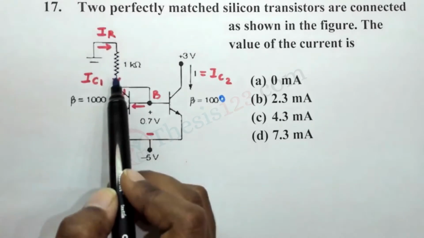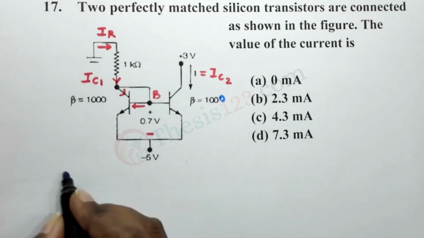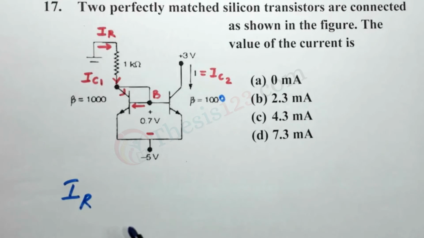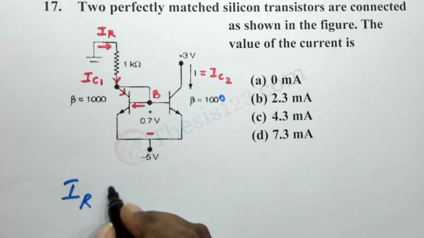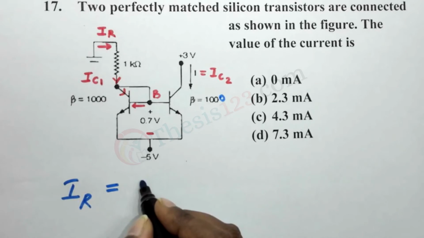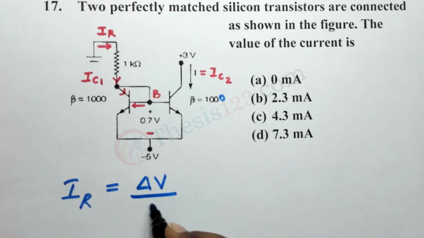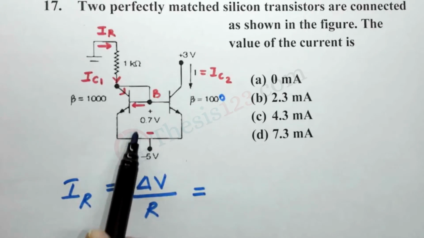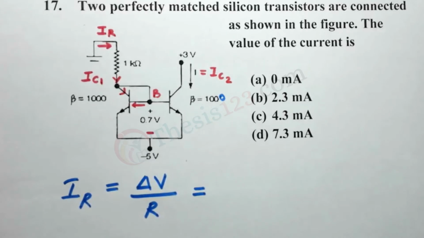Okay. So I'll write down the formula, the direct formula. So the current through the resistor is equal to the difference in the voltage divided by the resistance R. Now the difference in the voltages in this case is the voltage over here at base and the voltage over here, minus 5. So at base here you will see that there is a positive value here and a negative value over here.